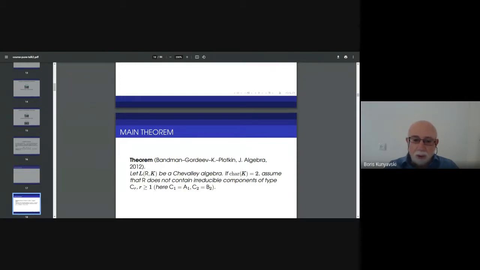In other words, I could say that it's a split Lie algebra. I'll explain more later today when we speak about Lie algebras which are not split, which are not Chevalley. So roughly, what does it mean? I consider the Lie algebra of a split semisimple algebraic group.